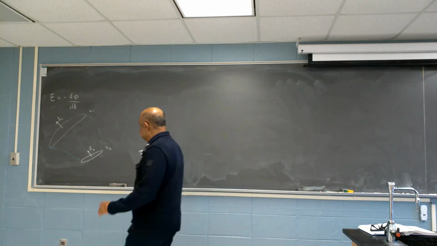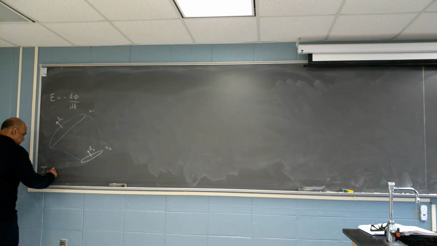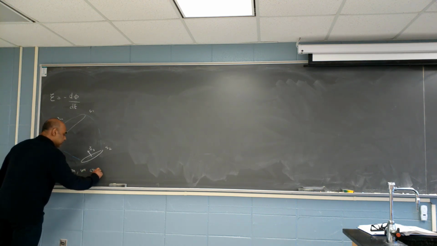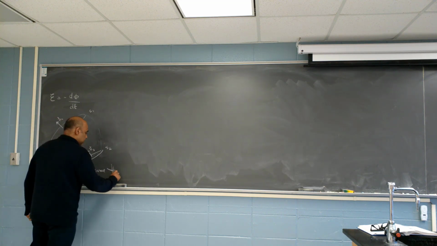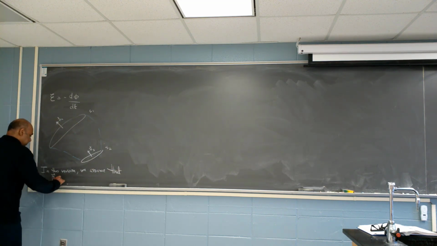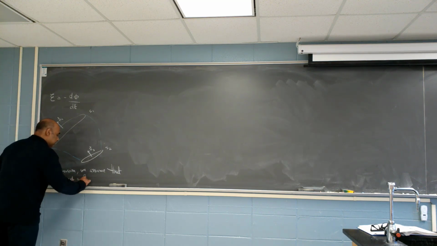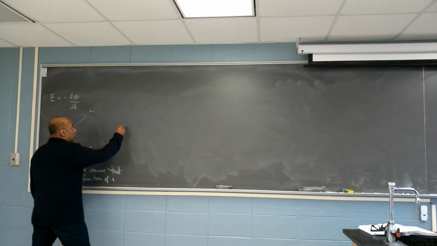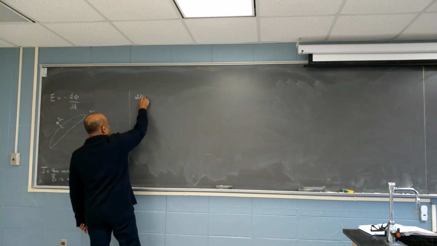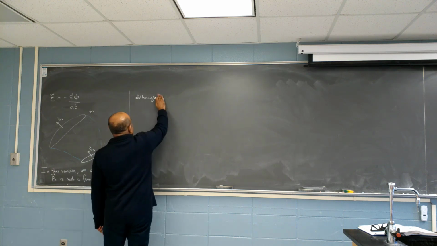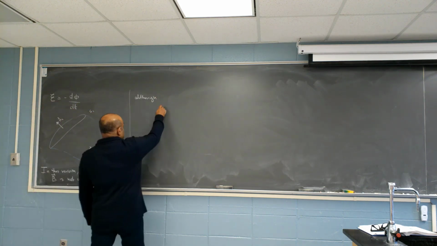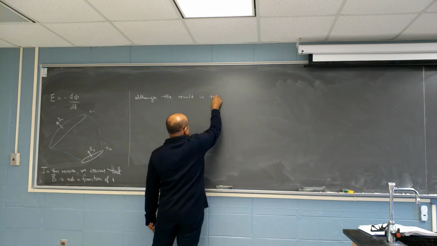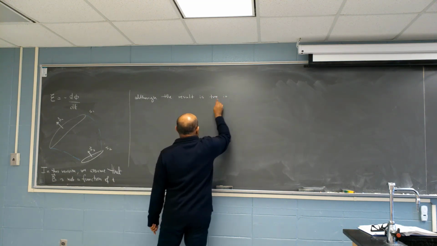So in this version of the proof, we assume that B is not a function of t, although the result is true in the general case.